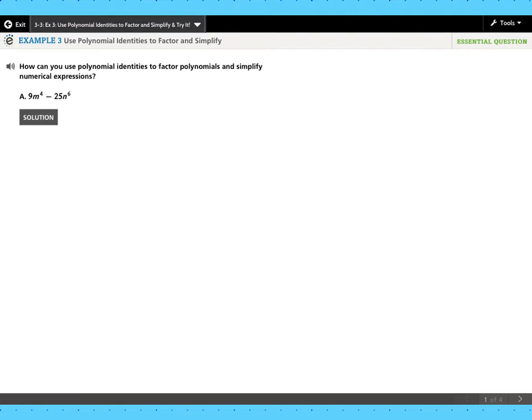Difference of squares, right? a squared minus b squared equals (a plus b) times (a minus b). And especially for those students who are not as fluent in this yet, I highly encourage you to write the identities like I did up on top.